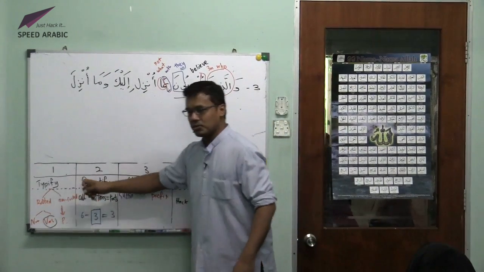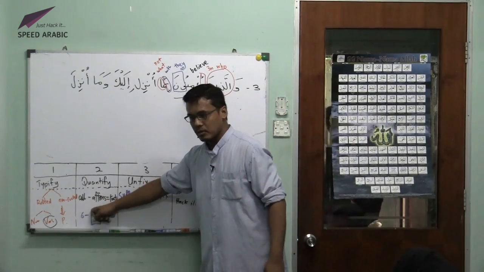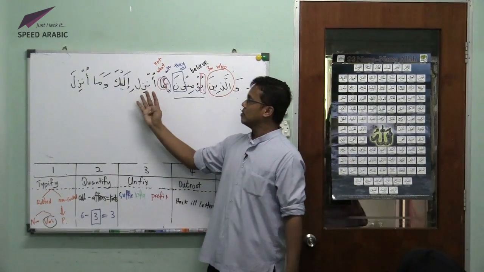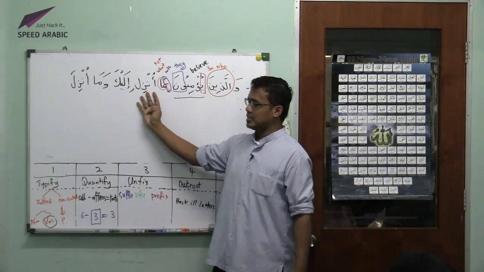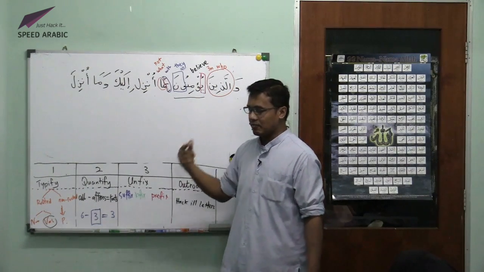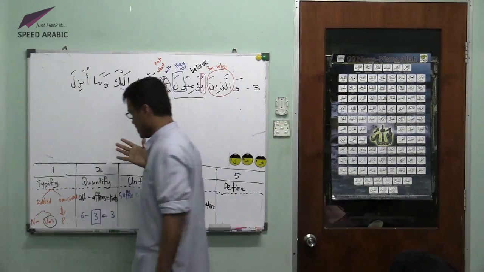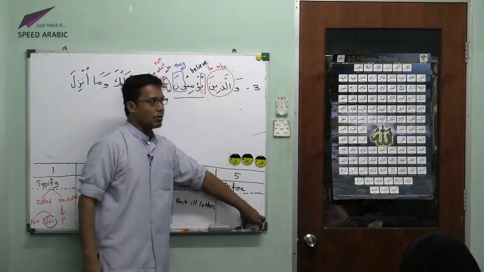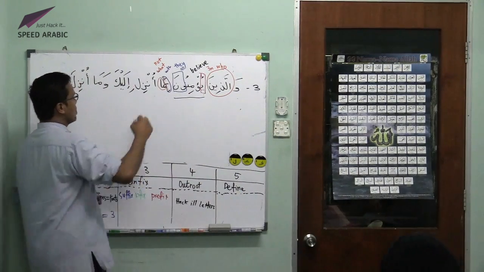When it's rooted, what do you do? Quantify. So 4 minus 1. So the affix that you have to find is 1. What is the affix here? Hamzah.